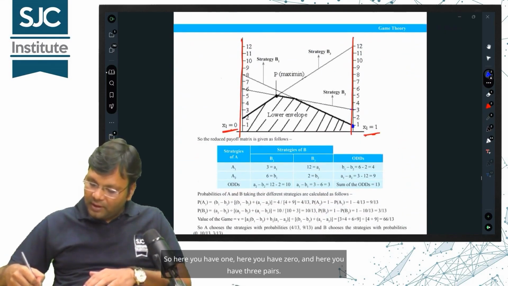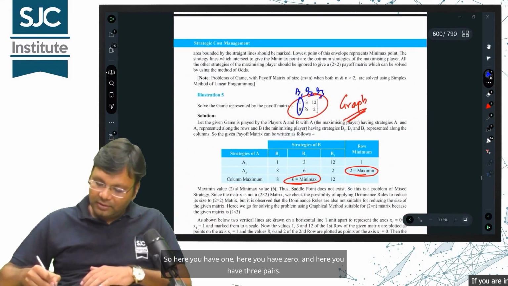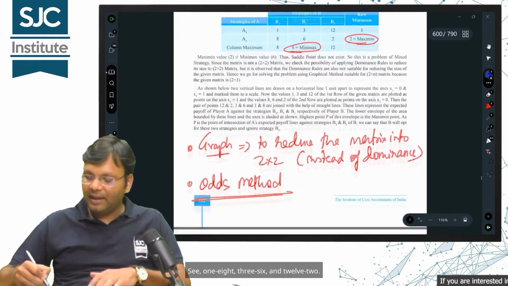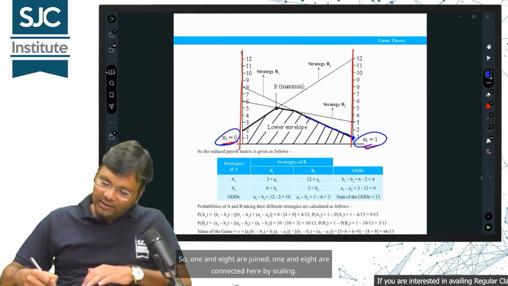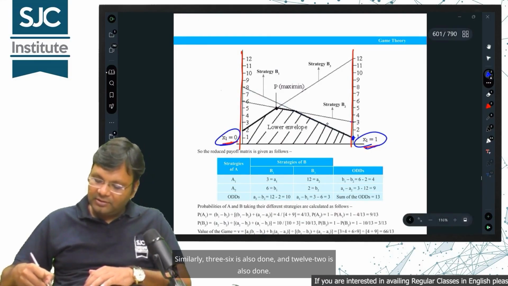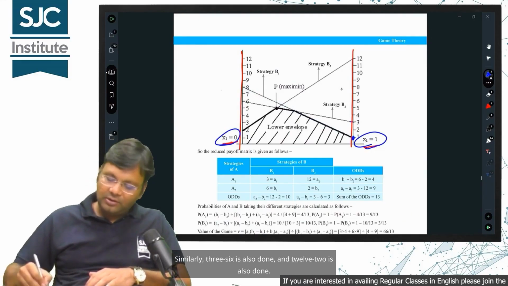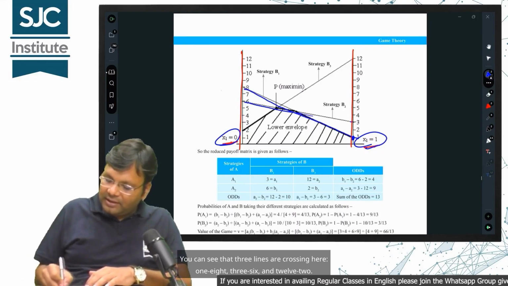Here you have 1, here you have 0, and here you have 3 pairs: 1, 8, 3, 6, and 12, 2. So 1 and 8 are joined by a line. Similarly, 3, 6 is done, and 12, 2 is also done. You can see that 3 lines are crossing here.